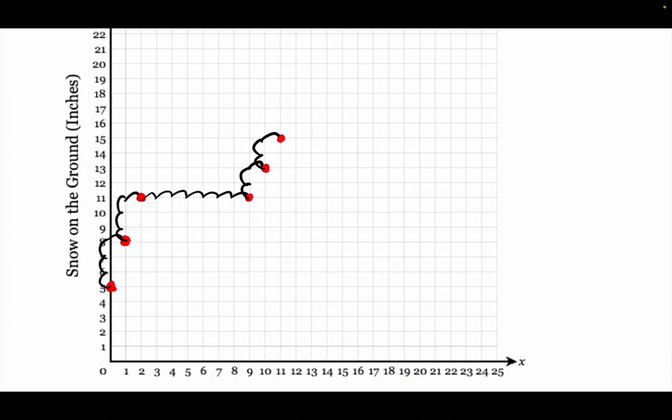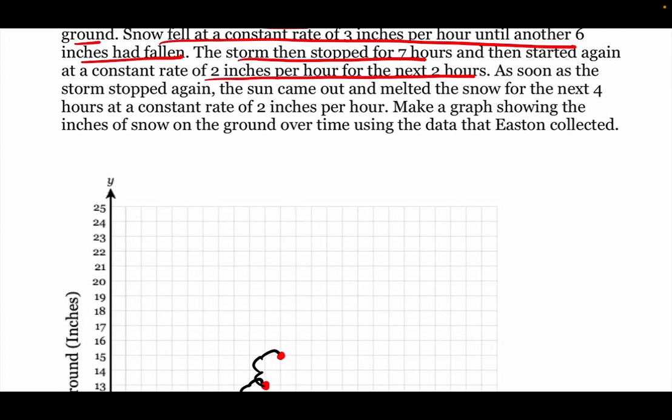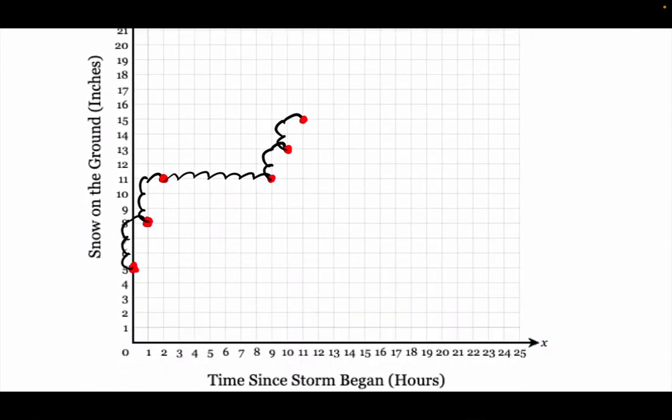Okay, how fast was it melting? 2 inches per hour. So this time we're not going to go up 2 inches. We're going to go down 2 inches, right? We're going to go down 2 inches. So we're going to go down 2 over 1. That's 1 hour. Down 2 over 1. That's 2 hours. Down 2 over 1.